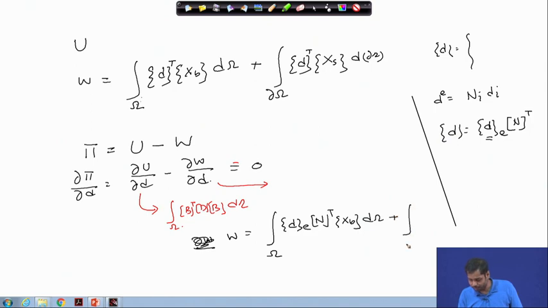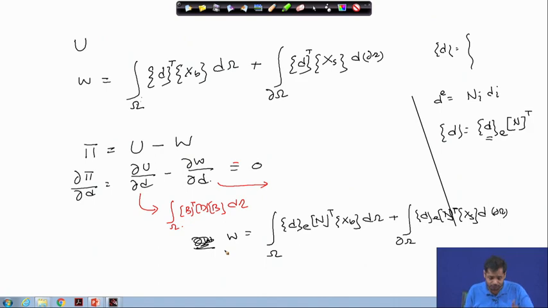Plus we have the integration only on the boundary, where the displacement is written as d e, and then N transpose, and then xs, and then d del omega. This is what we have for W.